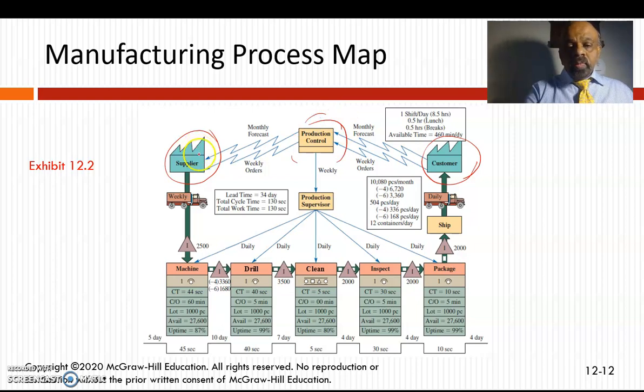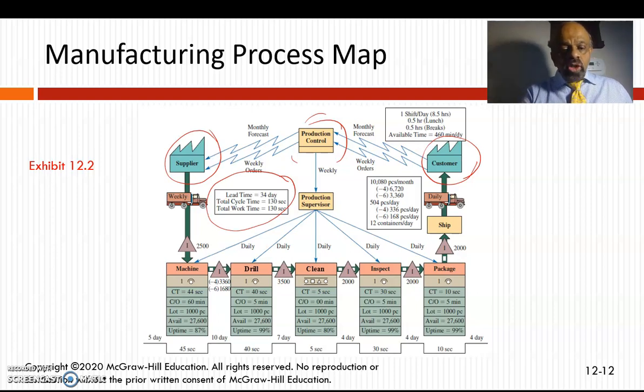All the activities between what the customer wants as forecast for the production control, and how the monthly forecast is given to the suppliers so that you can get weekly orders, is shown here. They also show all the factors involved, lead time, cycle time, work time, and all that.